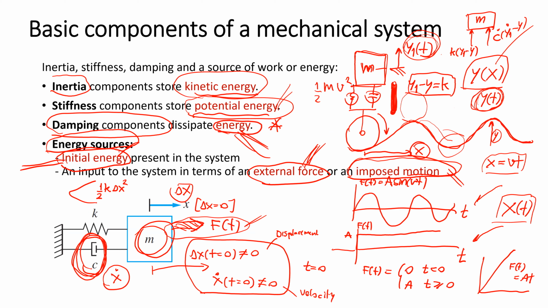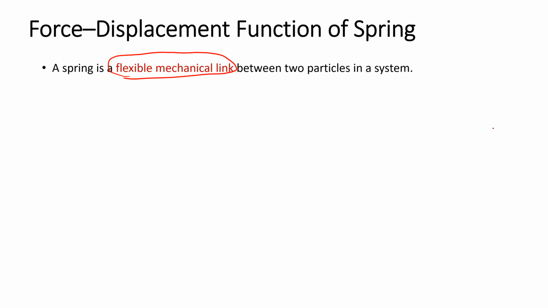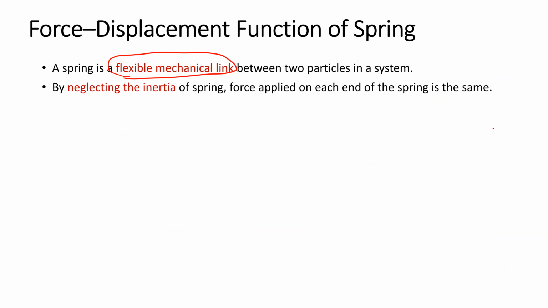But when we have a spring here, we can have a deformation. So y, or the height of the mass from a datum, doesn't need to have a constant difference with y1 when we have the deformation. So the spring is a flexible thing that connects between two particles in the system.